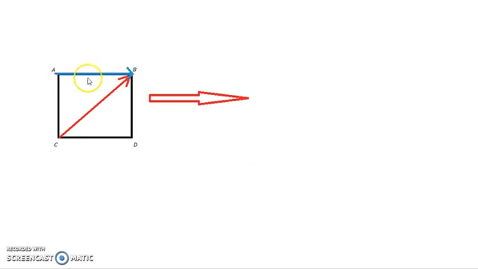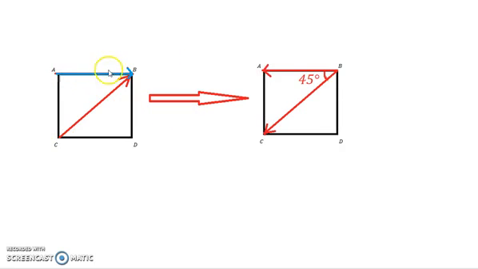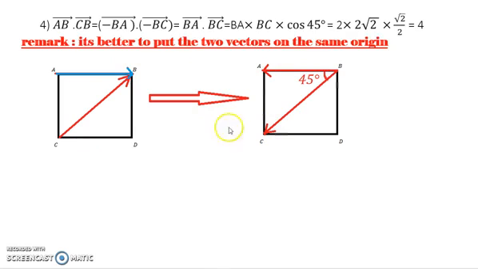In question 4, we need to calculate the dot product between the two vectors CB and AB. We find that these two vectors do not have the same origin. Transfer these two vectors onto two vectors having the same origin. AB is equal to minus BA vector and CB is equal to minus BC vector. So, for the dot product of AB and CB, transfer AB to minus BA and CB to minus BC; minus times minus equals plus.